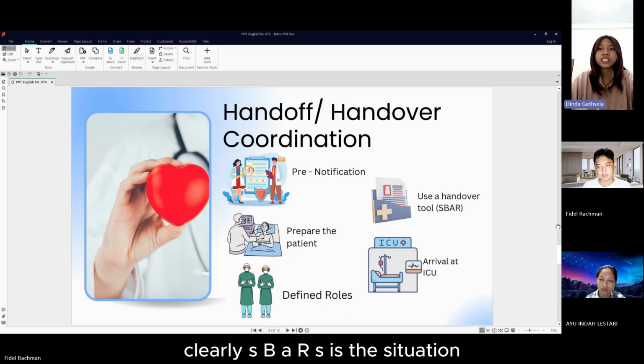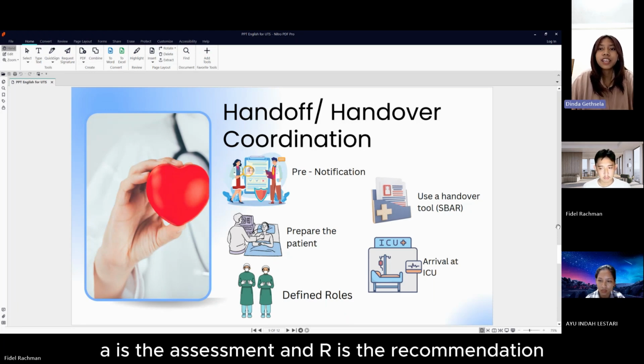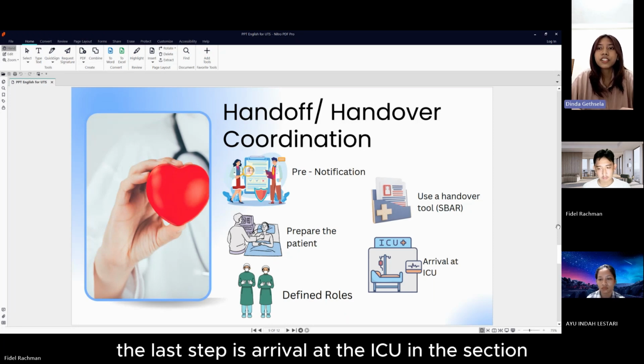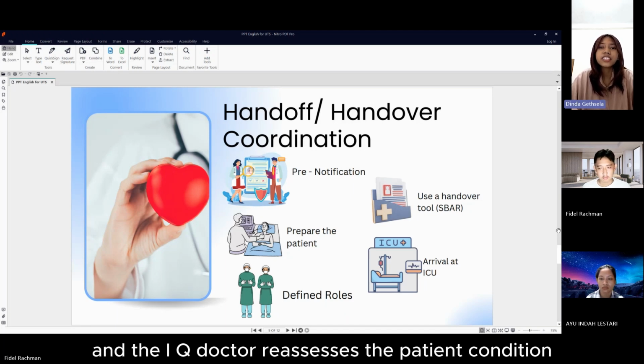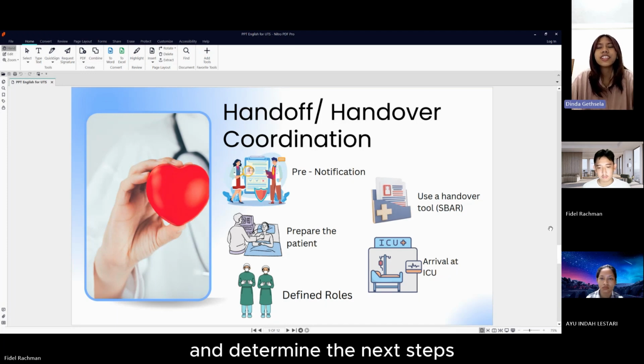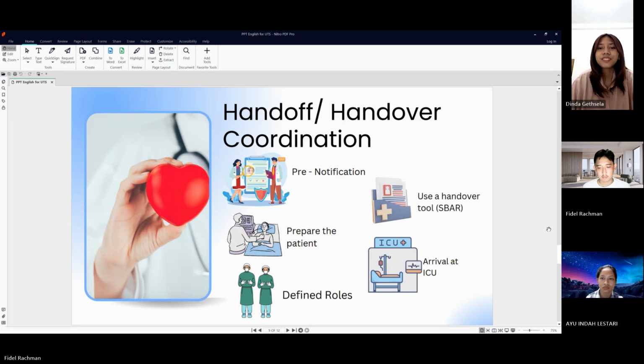In SBAR, S is the situation, B is the background, A is the assessment, and R is the recommendation. The last step is arrival at the ICU. In this section, the ICU team re-ensures that all information is correct, and the ICU doctor reassesses the patient's condition and determines the next steps.